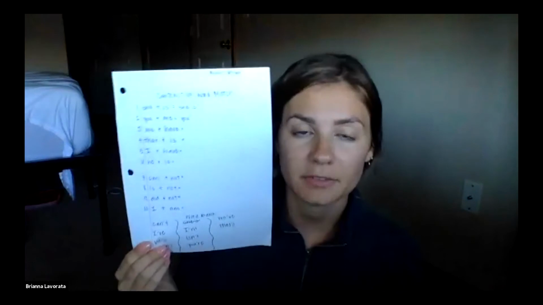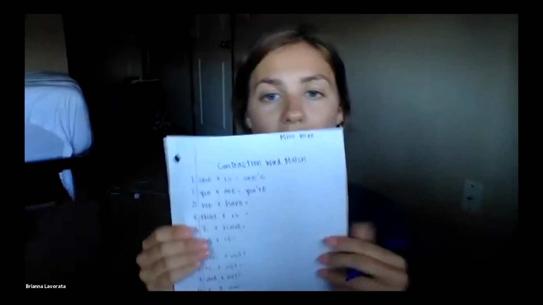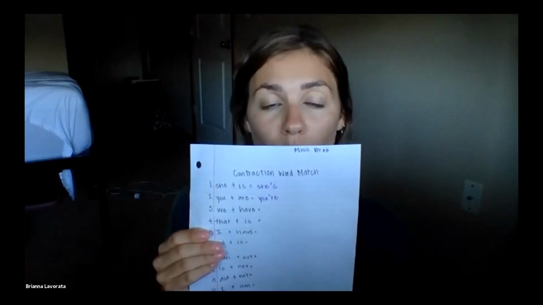This one can be kind of tricky, so if you're not quite sure, look on your list and see if you've found you're. Okay, I found it. So we are going to remove the A and write you're, Y-O-U apostrophe R-E. I found my word right here. I'm going to cross that word off, and I have you plus R, you're.